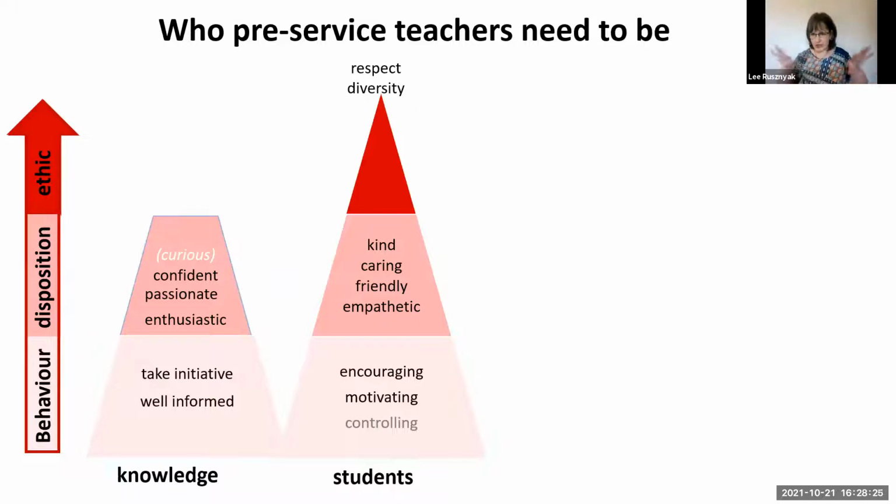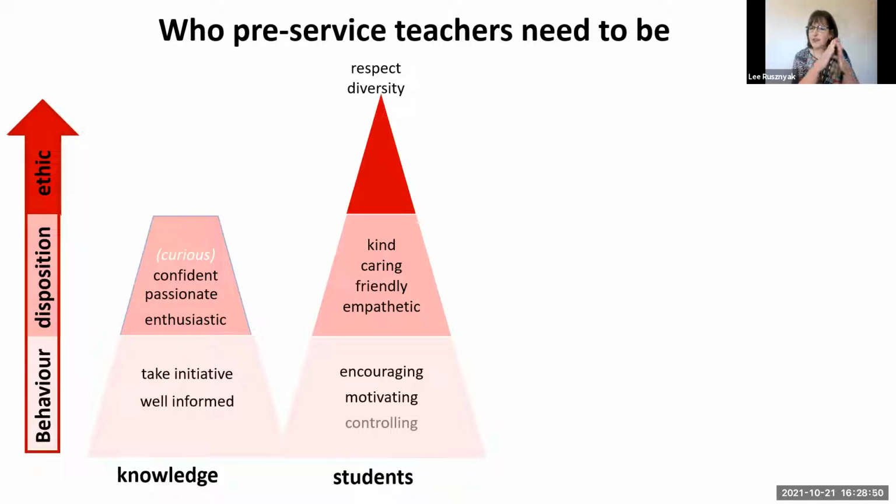So that was also a kind of constellation clash there. Many of the others were encouraging, motivating, which then condensed into dispositions of being kind and caring and friendly and empathetic towards learners. Those don't condense into the ethic of respecting diversity.